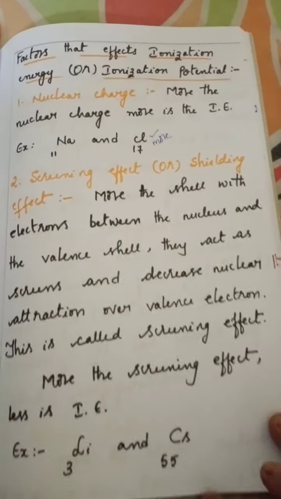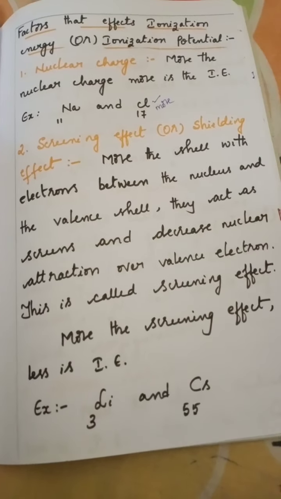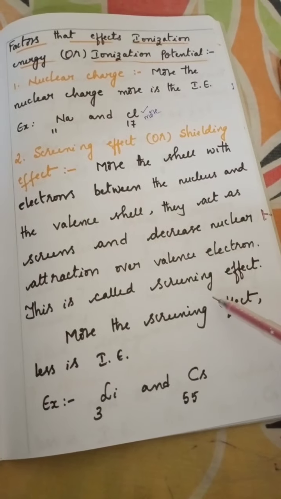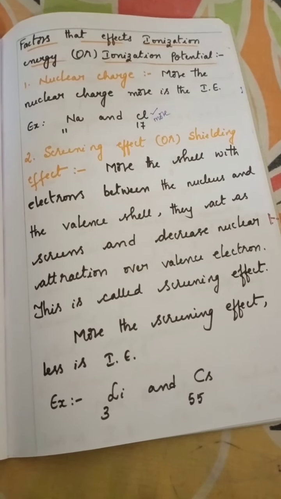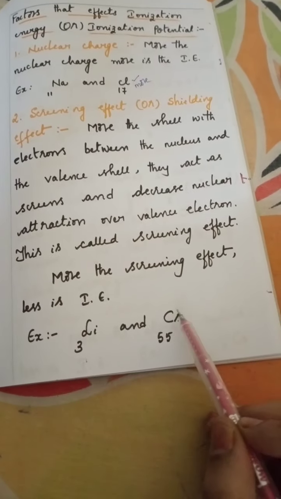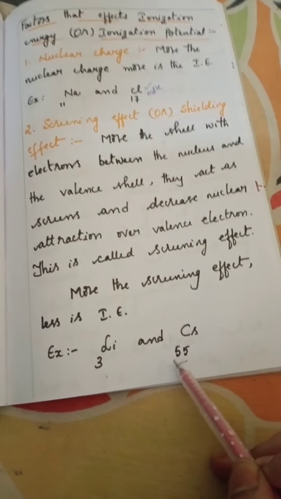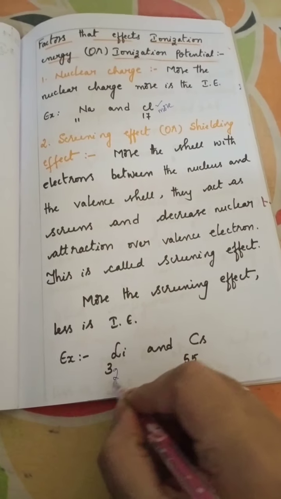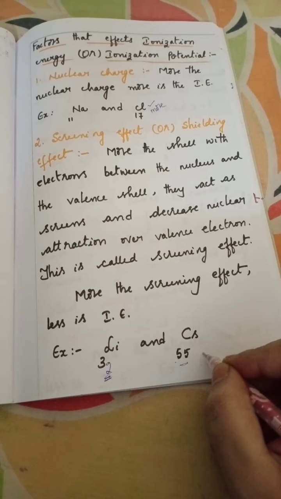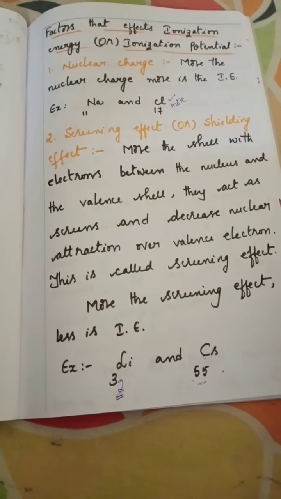This is called the screening effect. If more shells are there, it is very easy to remove the electron because the nuclear attraction will be less. So more the screening effect, less the ionization energy. Here, lithium is 3 and cesium is 55, these are atomic numbers. Lithium has only 2 shells, but cesium has so many shells, so it is very easy to remove the valency electron from cesium. That is the reason.